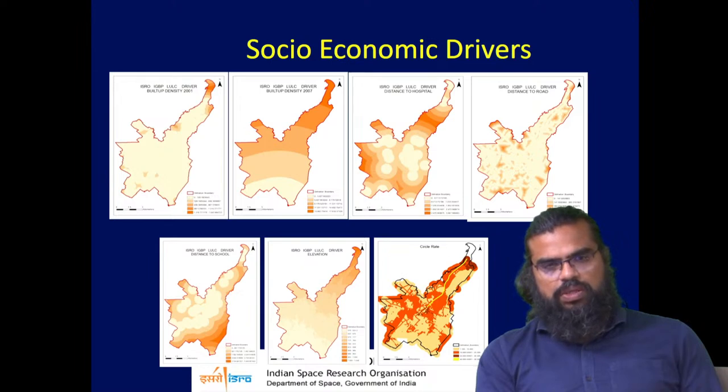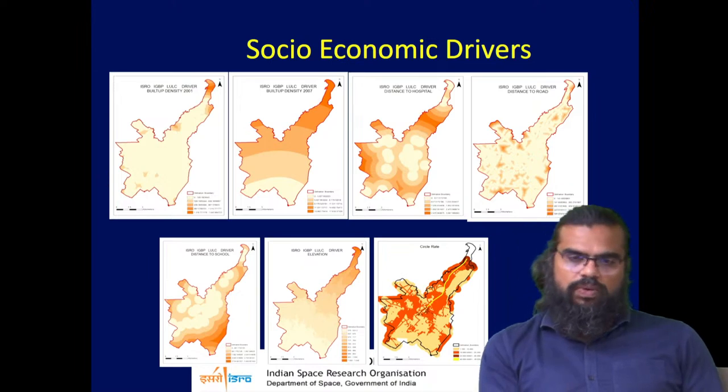Based on all these socioeconomic drivers and the LULC map generated earlier, we can generate the future predicted map. Especially in city regions, the circle rate or the cost of land is also an important driver, so that can also be included along with the accessibility factor to different services.